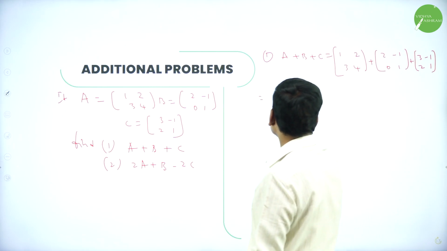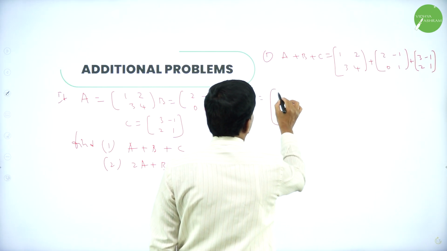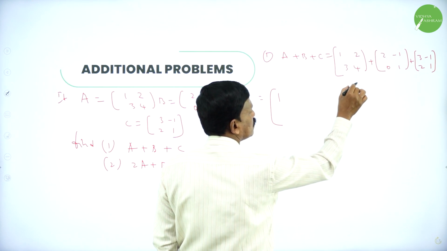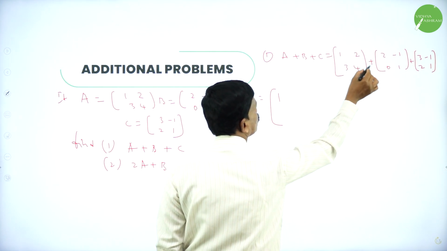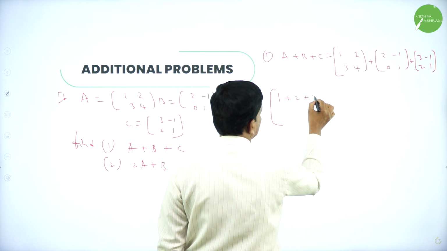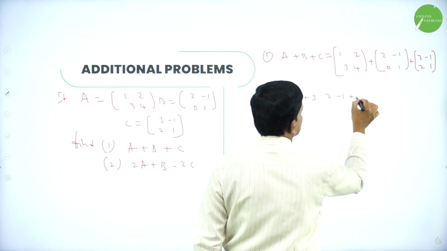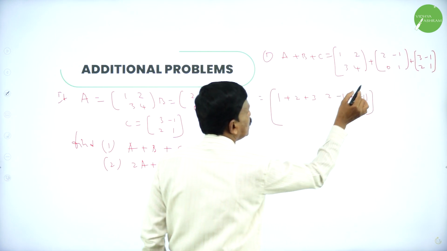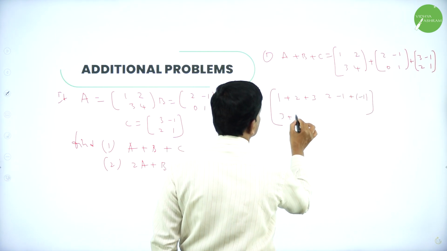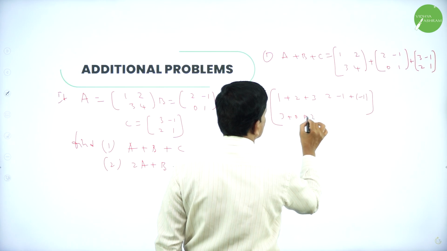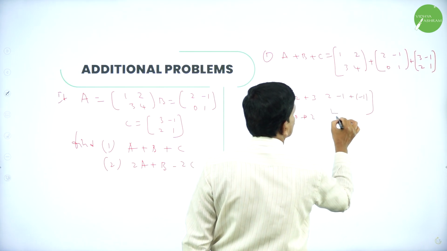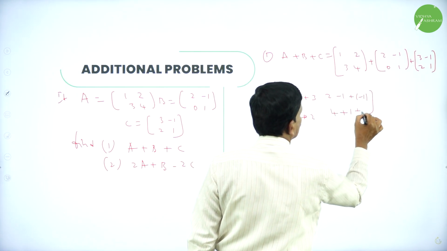So add this. Corresponding elements must be added. First elements of the first, second and third matrices: 1 plus 2 plus 3. Again second elements: 2 minus 1 plus minus 1. Again 3 plus 0 plus 2. Again 4 plus 1 plus 1.